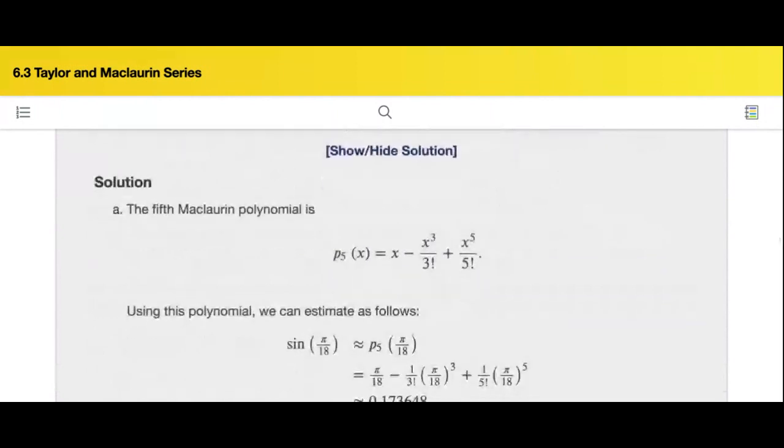So, the fifth Maclaurin polynomial, right? Remember the center is just 0. So we don't have x minus a. We just have x, because x minus 0 is just x. So it's a Maclaurin series centered at 0. The center is 0. So P5 of x equals x minus x cubed divided by 3 factorial plus x raised to the 5 divided by 5 factorial.